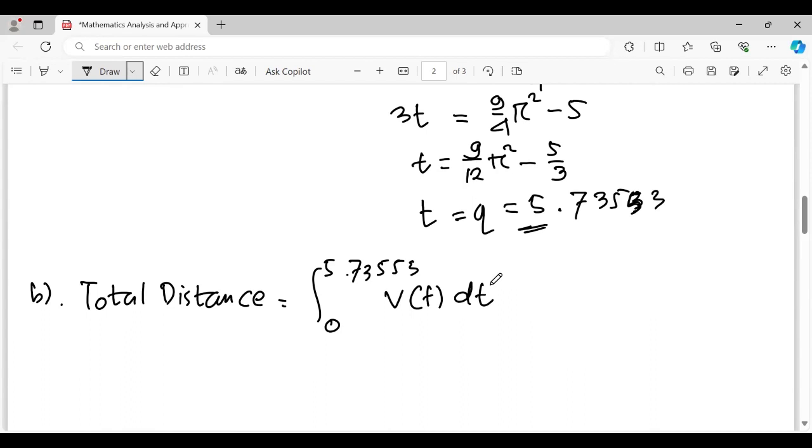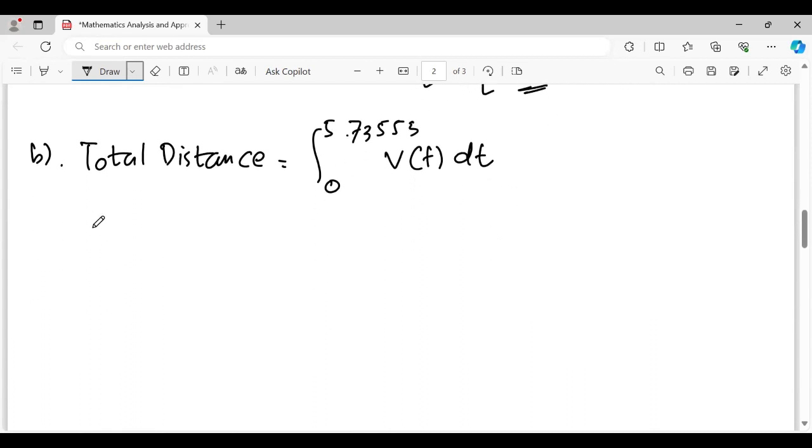The velocity function we get from the differential of s(t). So if s(t) equals 4.3 sine square root of 3t plus 5, to differentiate s(t), we're going to use the chain rule.